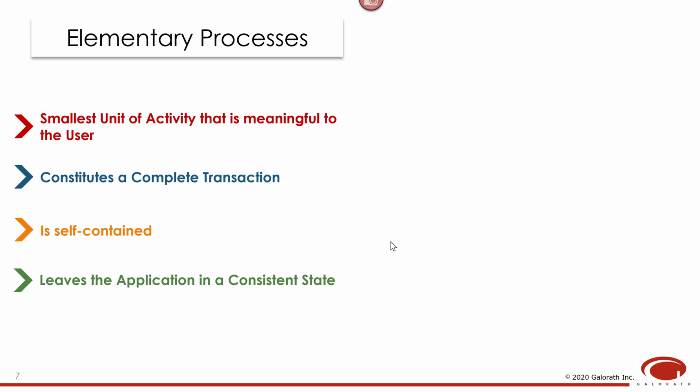Finally, an elementary process leaves the application in a consistent state. This means that once the elementary process has been completed, the application is ready to perform the next action. In other words, the application is not hanging or stopped waiting for something else to happen.